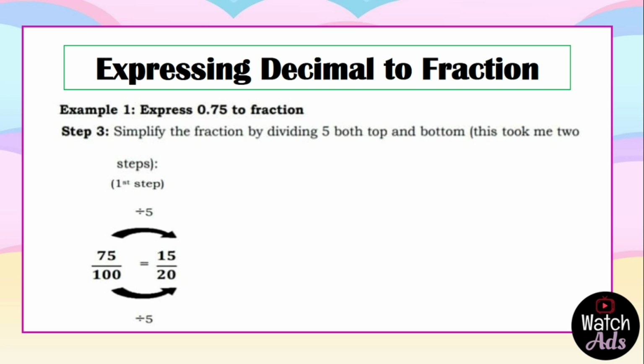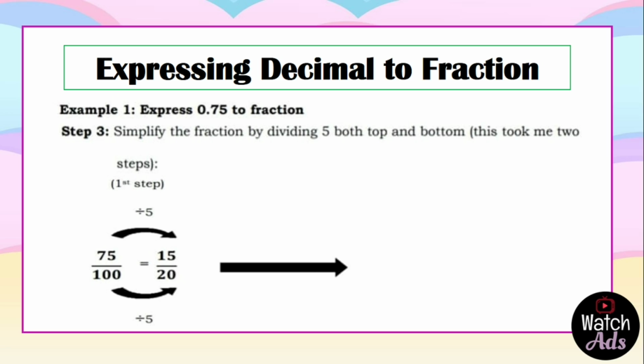That gives us 15 over 20, which is still not the lowest term. You can do this if you're not certain about the GCF of the numbers, or you're dealing with large numbers and you're having a hard time looking for the GCF. This will still give you the same answer.